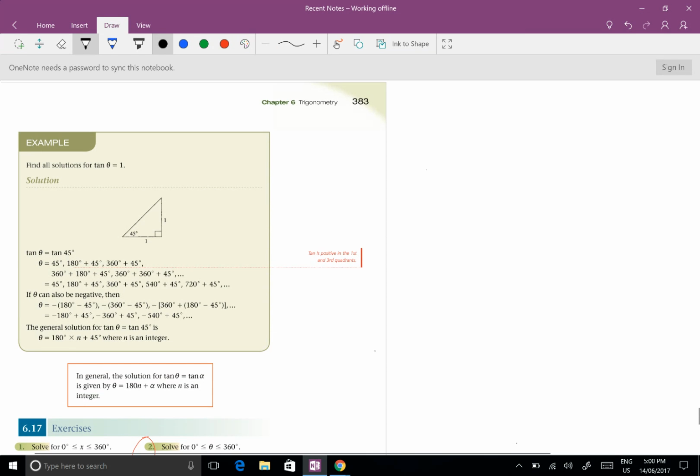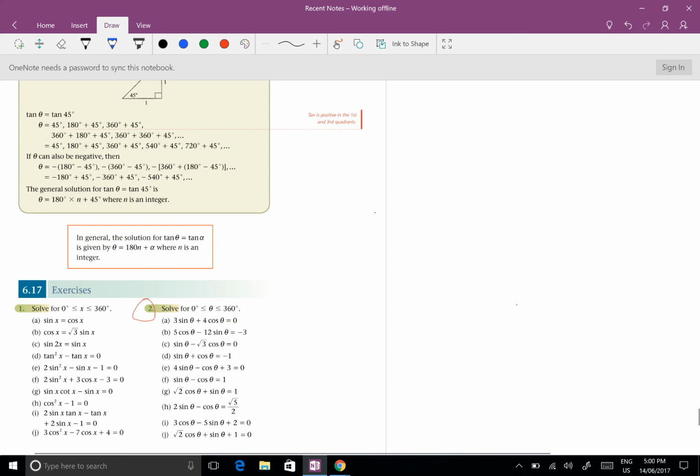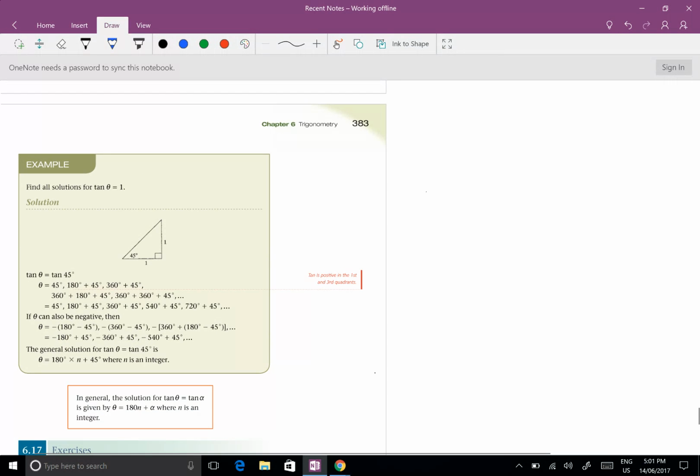And to use this formula to solve some of these equations in question 2, we have to remember these rules on our formula sheet.